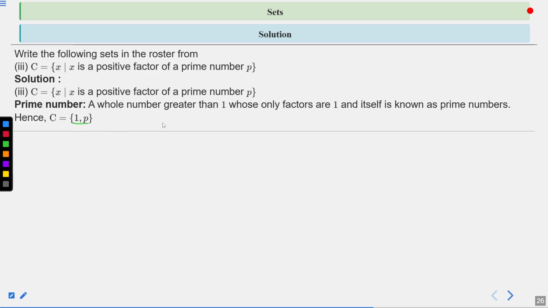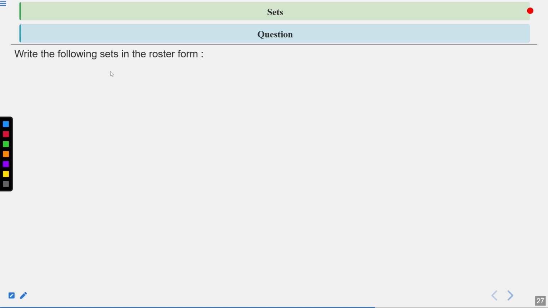Moving on to the next question. Write the following given sets in roster form. Set D is the collection of all t such that t cube is t, where t belongs to reals. Set E is the collection of w such that (w minus 2) divided by (w plus 3) is equal to 3, where w belongs to the set of reals.